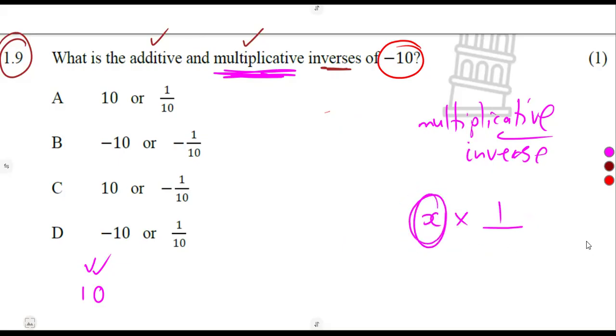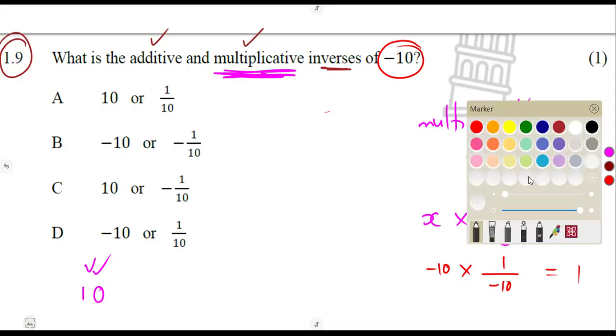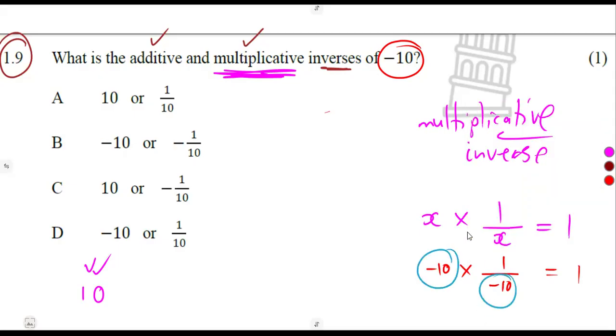The same number that was here, I use it in the denominator here. If I multiply these two, I must get a 1. So it simply means if I have a minus 10, what must I multiply with to get a 1? It must be 1 over what? That same number that is here must be here. If it is x, this must also be x. So if it is minus 10, this must be minus 10.